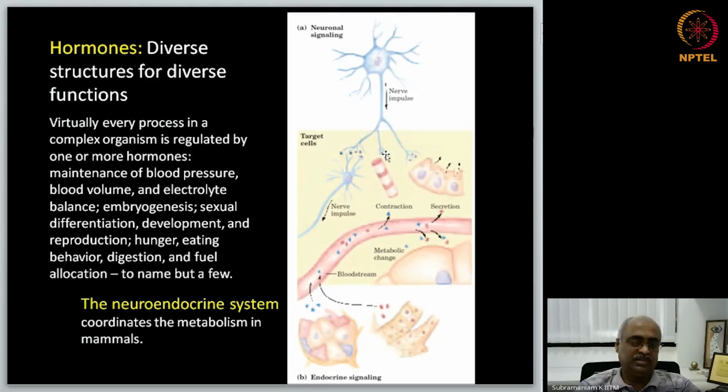For example, acetylcholine is an important neurotransmitter. So the chemicals produced at the tip of the axons that bind to receptors on the subsequent neuron or a final ultimate tissue like muscles or the secretory gland cells of some other tissue, those chemicals are neurotransmitters.